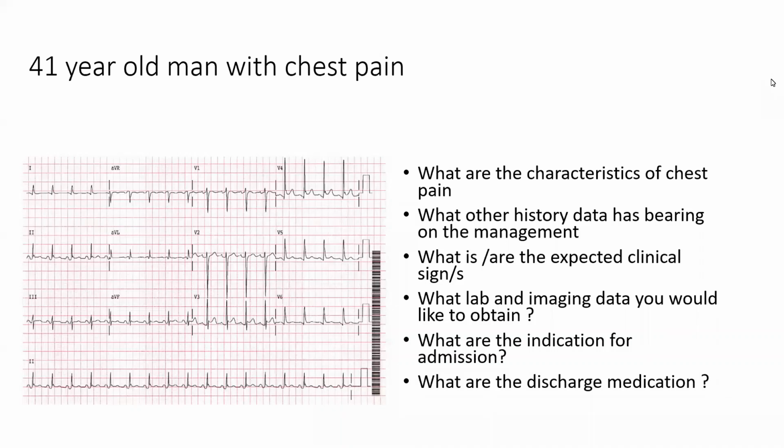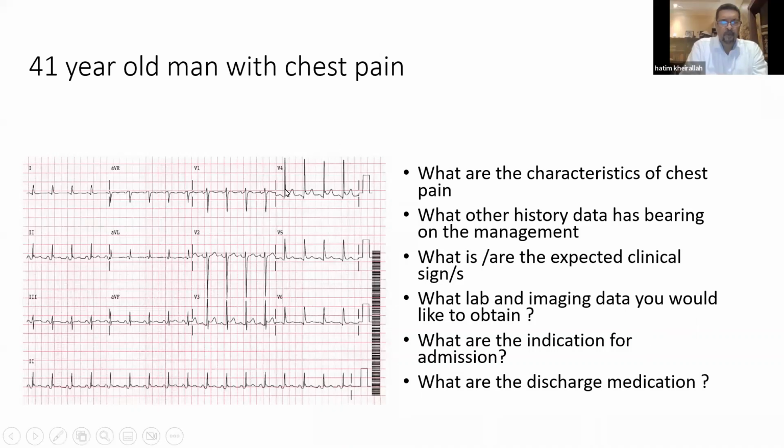Pericarditis. Pericarditis, because we have concave ST segment elevation, we have PR depression, and we have PR elevation in aVR. Okay, so this is a typical ECG of pericarditis.